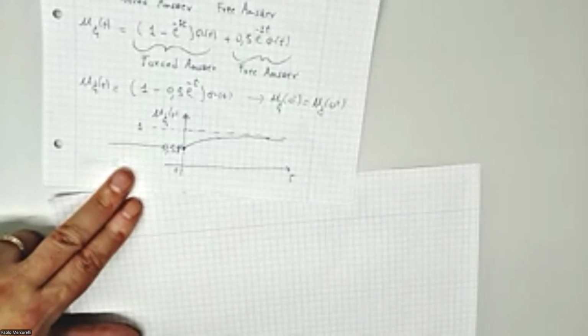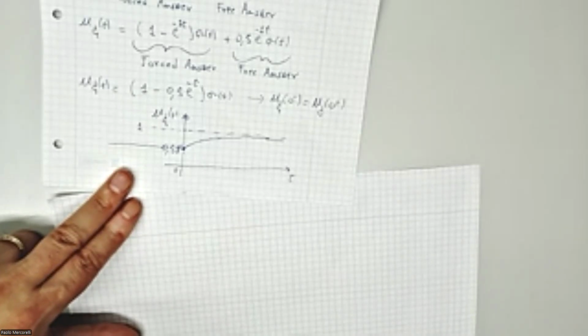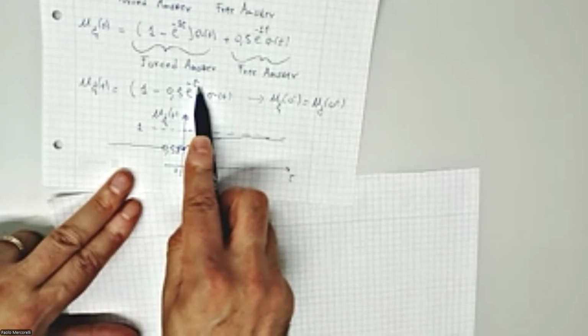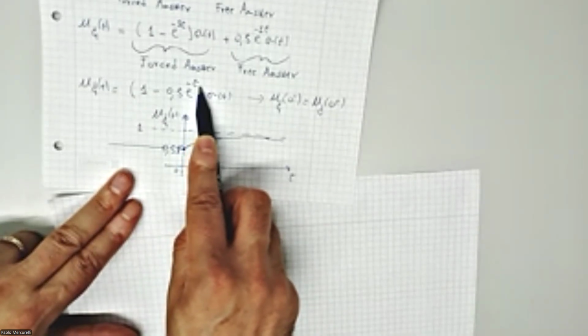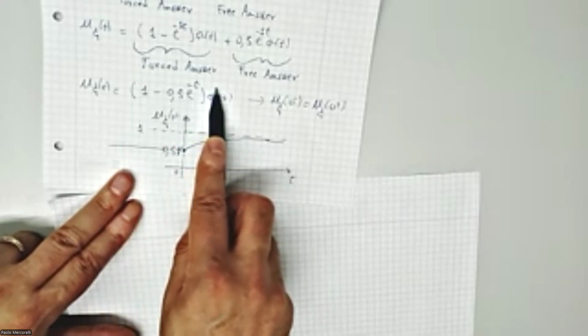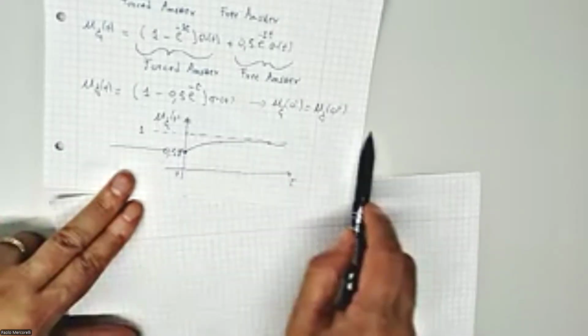At 0 minus we had 0.5, and it appears also from here. At 0 plus, we have again 0.5. Because of the structure of the solution in time, which came from Laplace, which includes in itself the time.